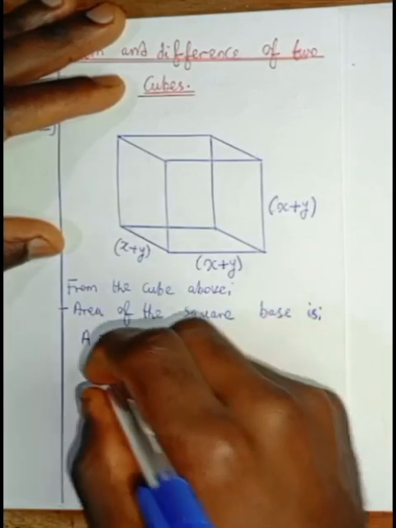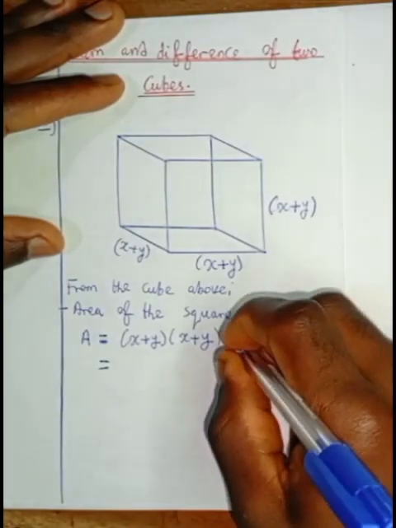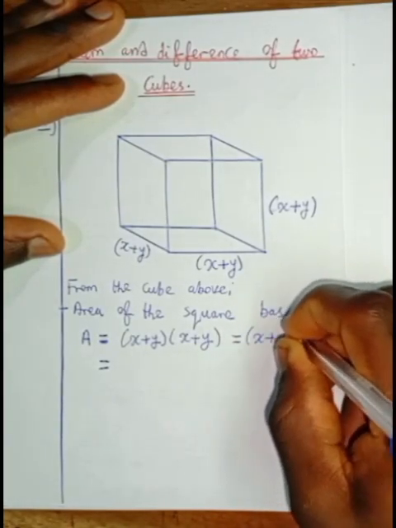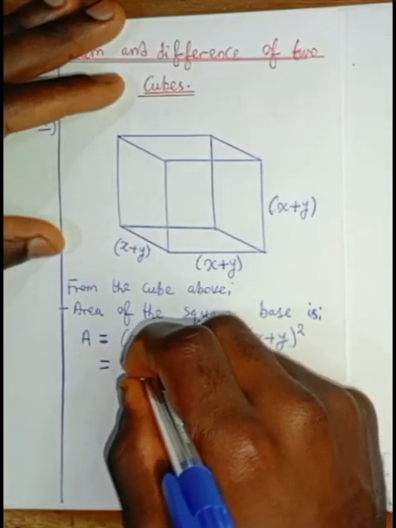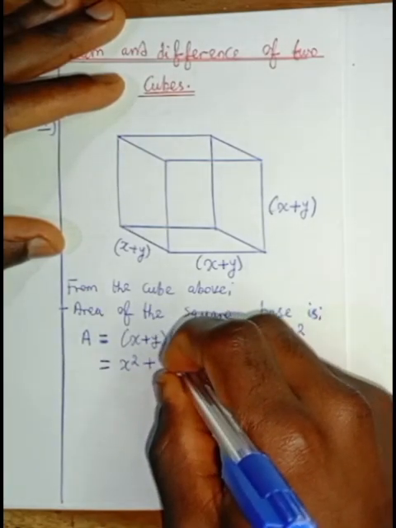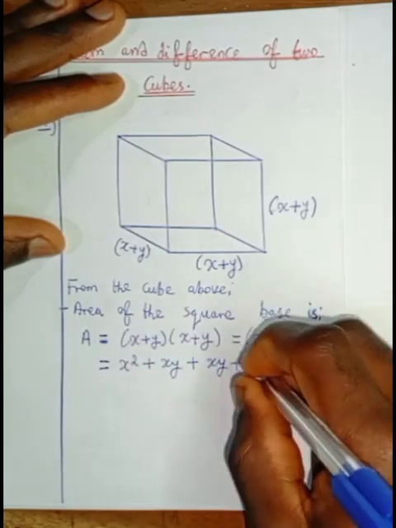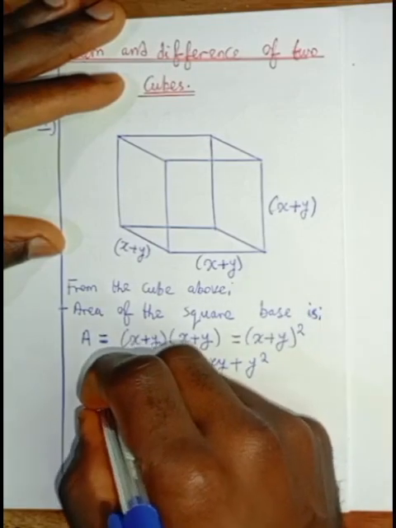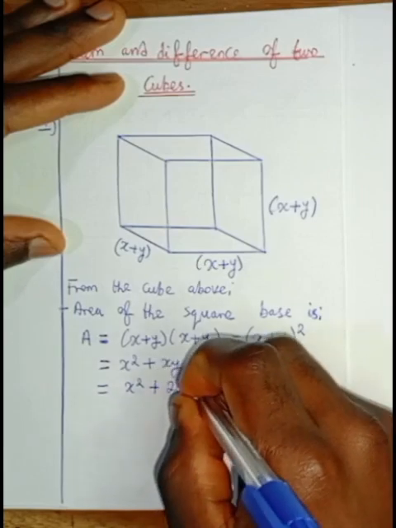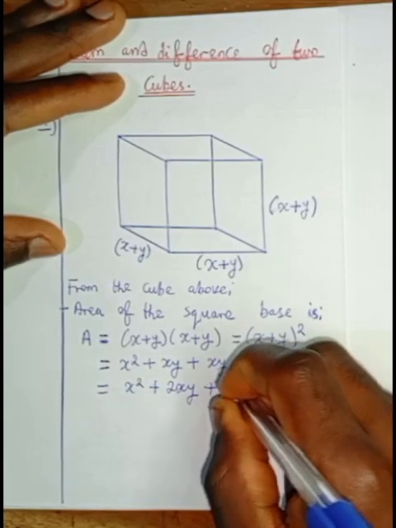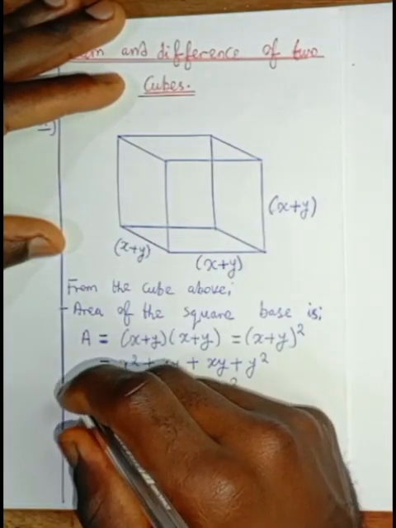This is the same as x plus y all squared. If we expand, x times x gives us x squared, plus x times y gives us xy, plus y times x gives us xy, plus y times y gives us y squared. So this will be equal to x squared plus 2xy plus y squared. So this will be the area of the square base.